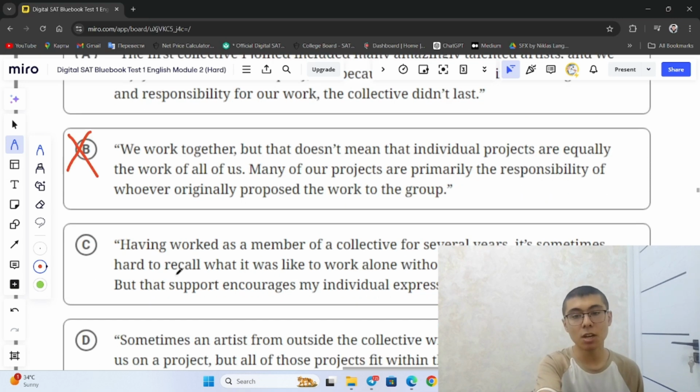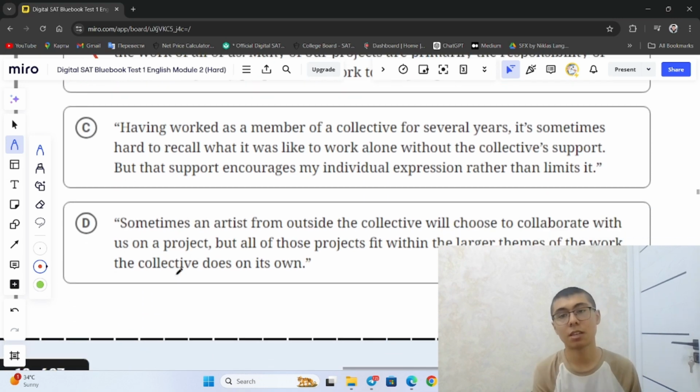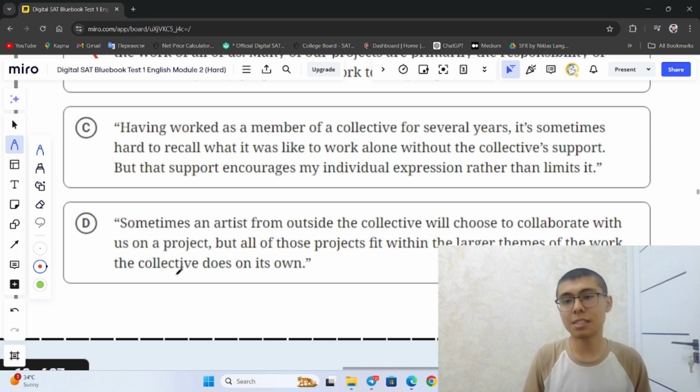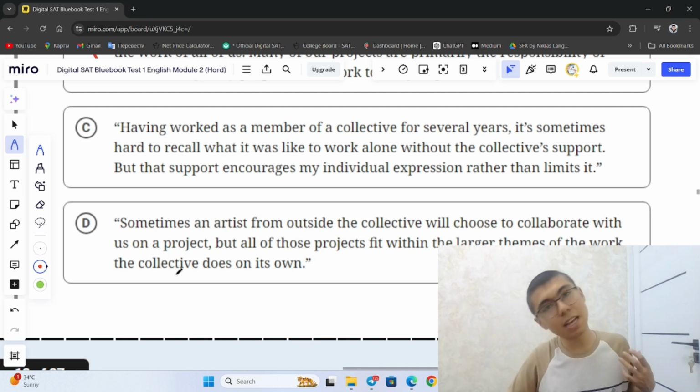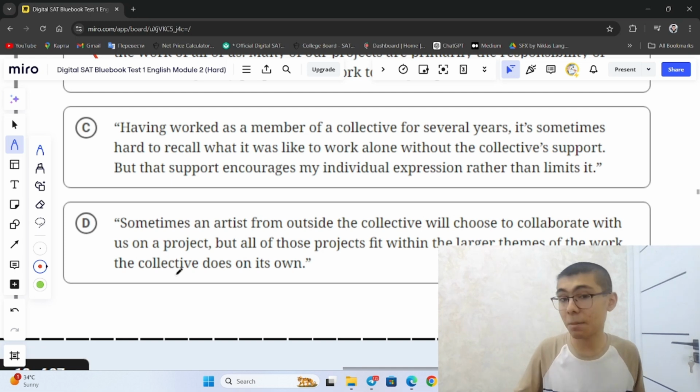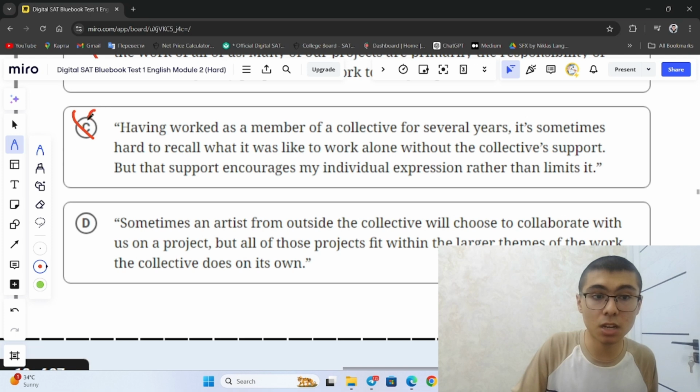C: Having worked as a member of the collective for several years, it's sometimes hard to recall what it was like to work alone without the collective support. But that support encourages my individual expression rather than limits it. So it's saying that working together can be good, but we want something that says working together can be bad. So C is wrong.